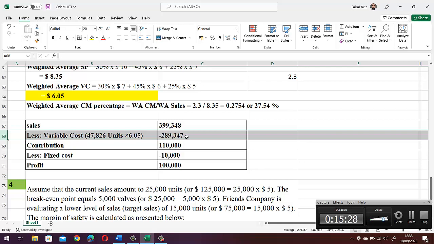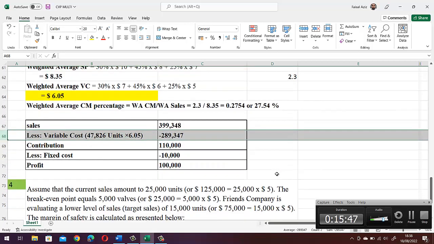After subtracting them, we will get the contribution, and then after subtracting the fixed cost, which is 10,000, the profit comes to 100,000. So this is another check whether our calculation is correct or not.